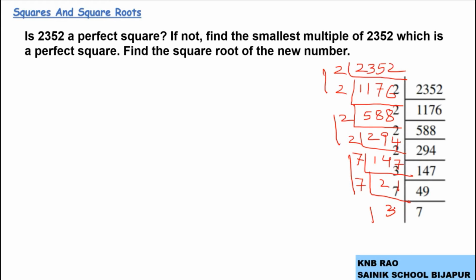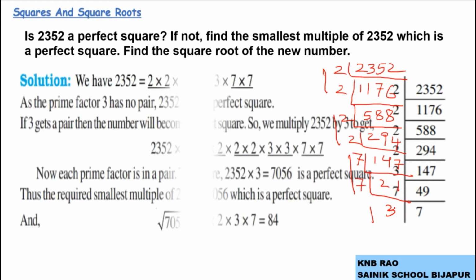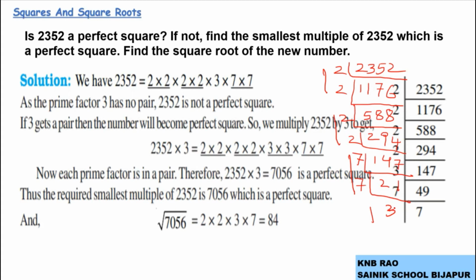You could see the animation I have done, and ultimately the answer would be that 2352 is having 3 in its prime factorization with no pair, therefore it is not a perfect square.